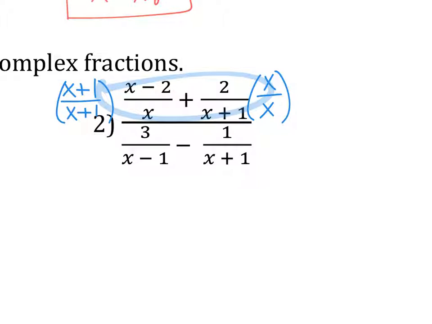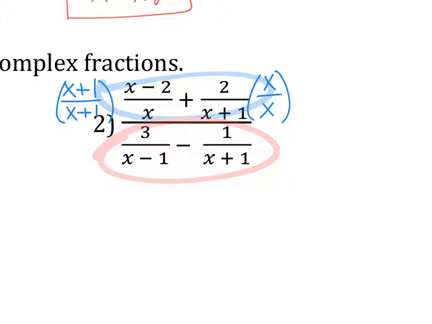Okay, let's do this one more time. Talk to your partner. What is the least common denominator? Okay, Sam and Alice, what is the least common denominator in the denominator?